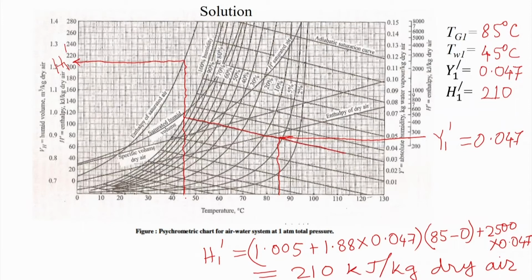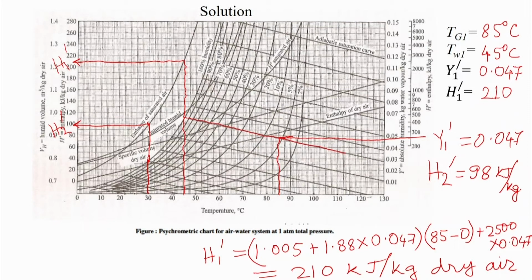At 30 degrees Celsius we follow this line, and the saturated enthalpy we get is H2 prime. We go up to this point and move across to here, and that is H2 prime.